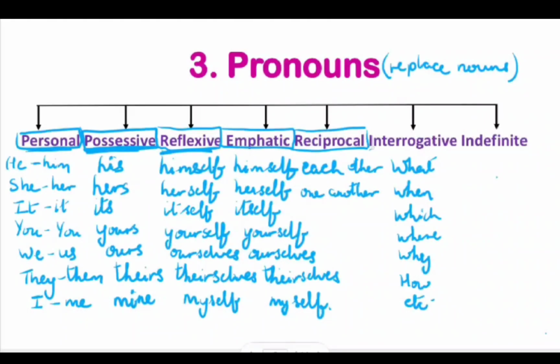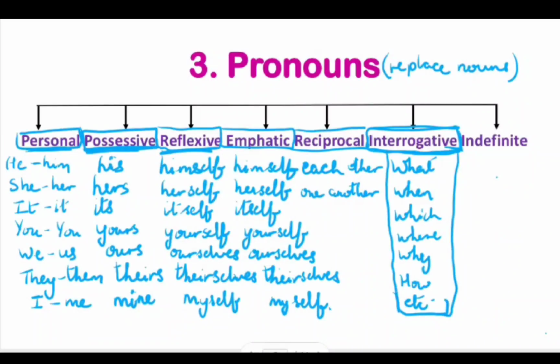I have not listed one of the important pronouns, which is relative pronouns. Now, the relative pronouns, okay, children, consist of these question words only. But apparently, the sentence does not turn into a question. It remains as a statement only.